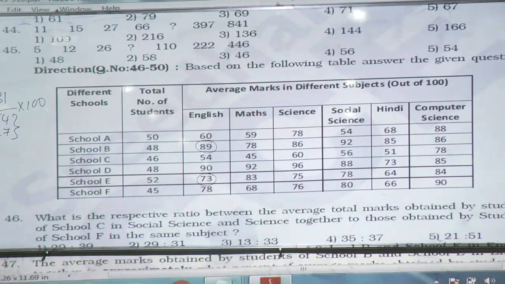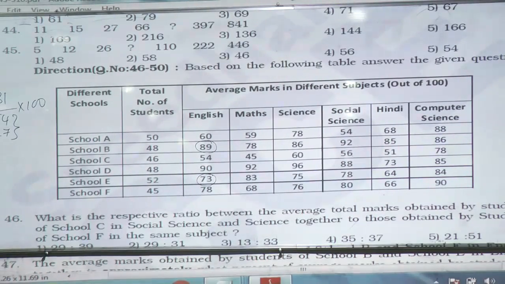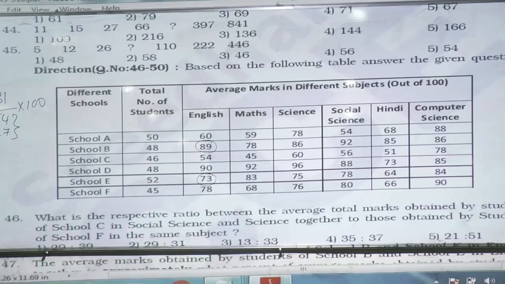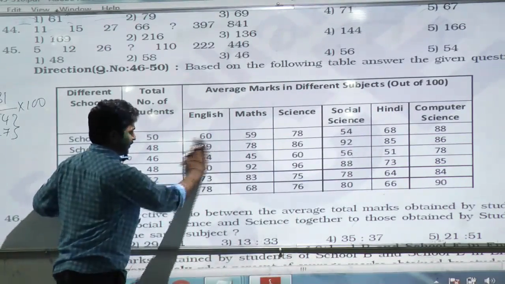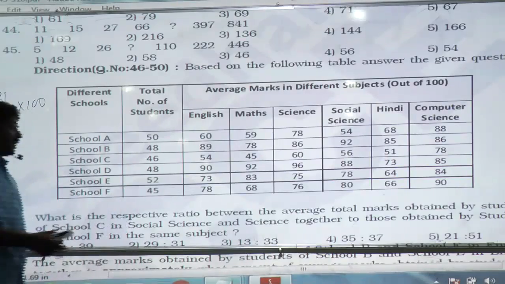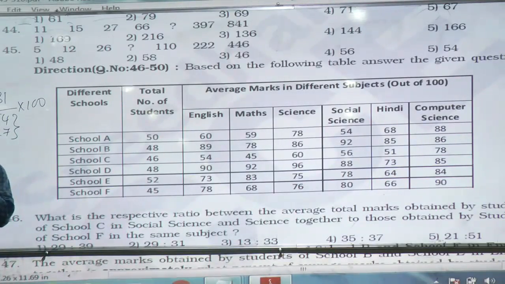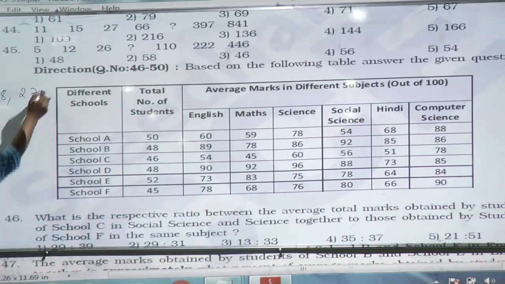Next, 48. What is the respective ratio of male to female? The respective ratio of male to female students in school F is 2:3. School F, so total how many members do we have? 45. How many parts are there? 5 parts. So one part is 9. So male are 18, female 27.